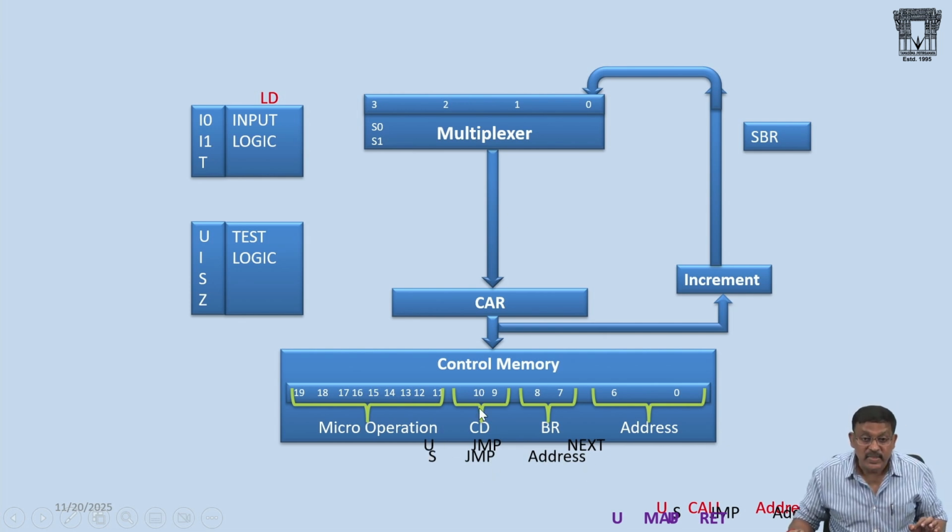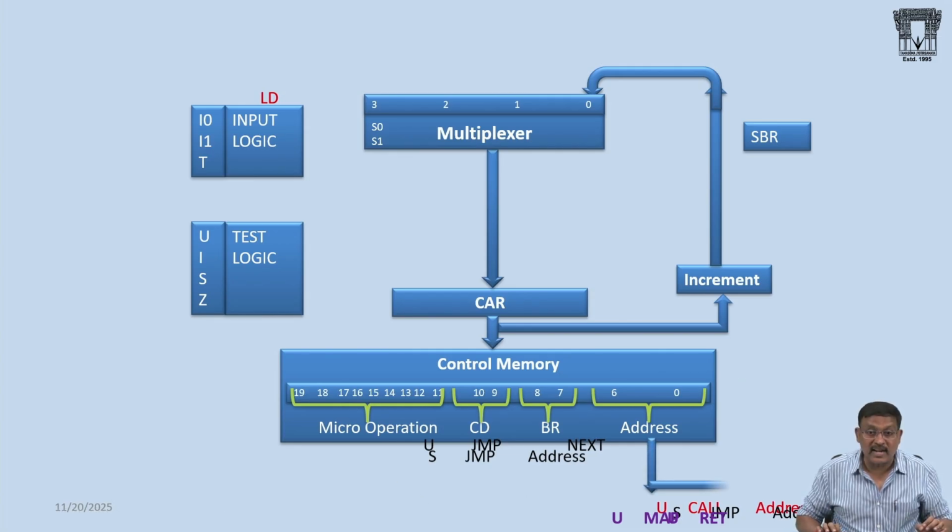See here, the condition bits are 0, 0. The branch bits are 0, 1. This is the address of the branch location. Now the condition is true, then branch to this address. This is the branching address. Load into the CR register to access the control memory. You got my point? So you will check it out, how it is happening.